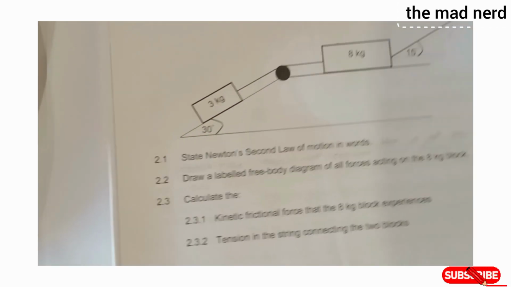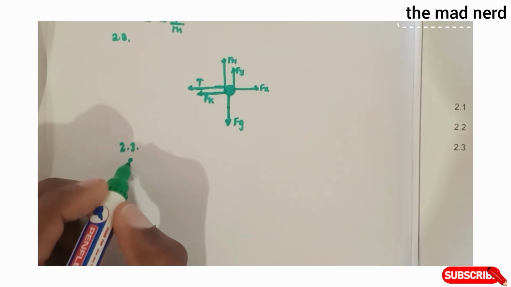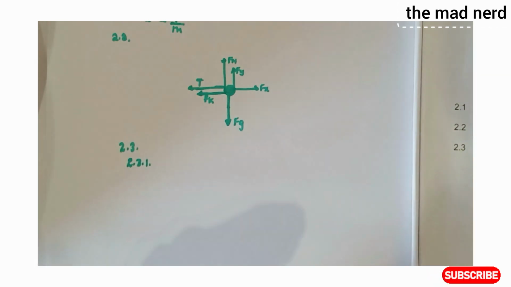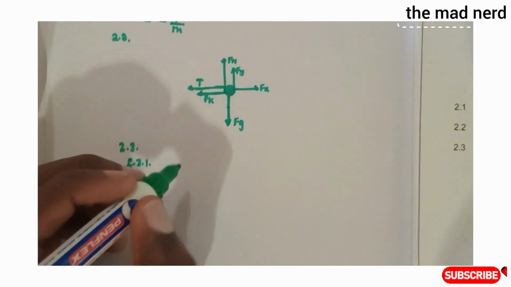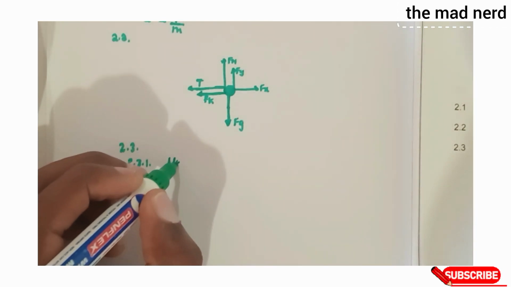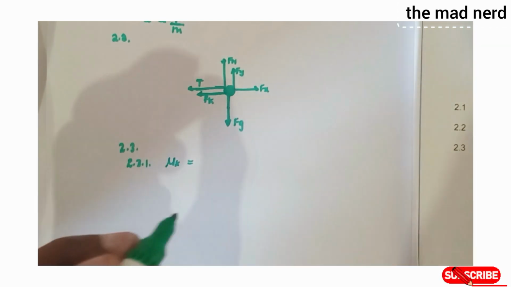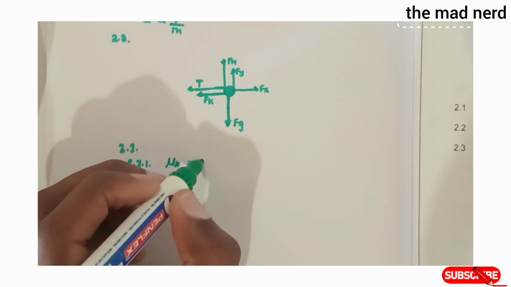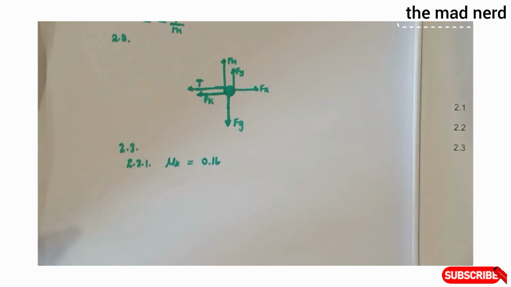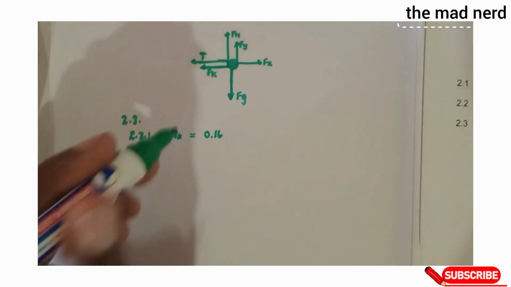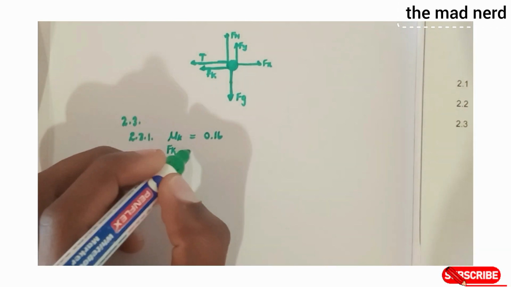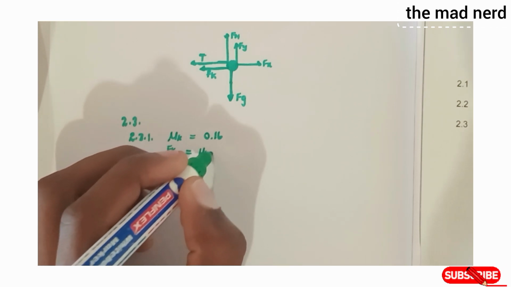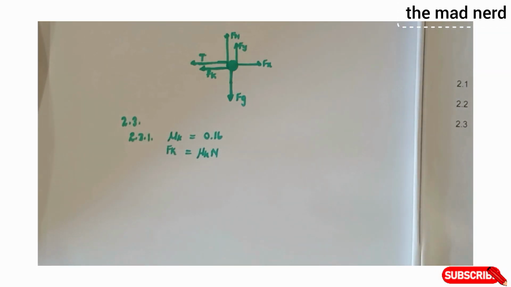So, for 2.3.1, the kinetic frictional force, since we are told that we have a mu k, the coefficient of kinetic friction, which is 0.16, the frictional force Fk is equal to mu k times N. This means the normal force.